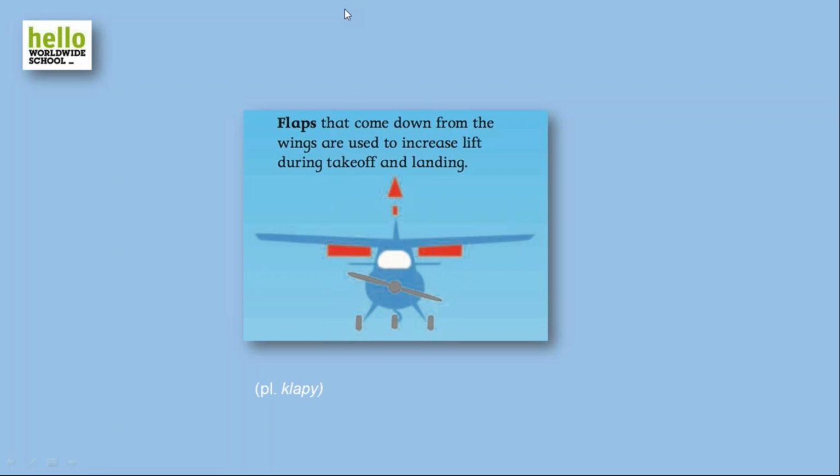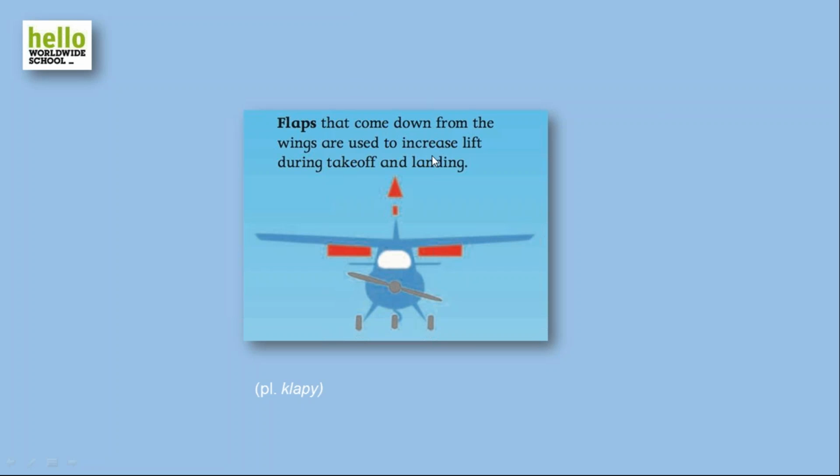Flaps are the little things which you can see moving if you sit on a plane, and they come down from the wing and are used to increase lift during takeoff and landing. Well, you have to imagine how air moves around the wing here, okay?